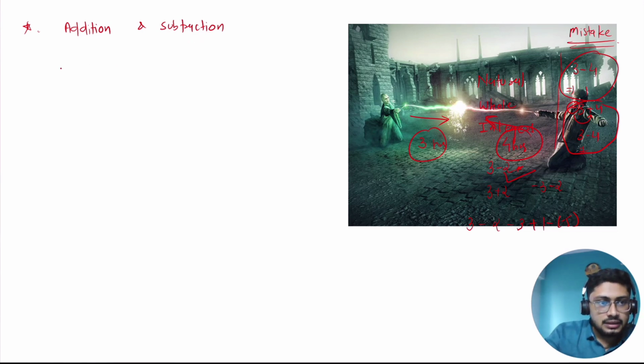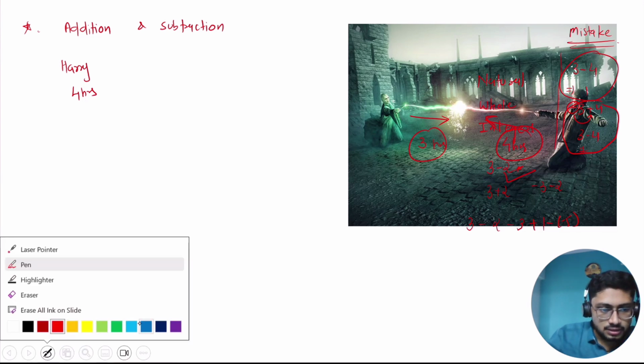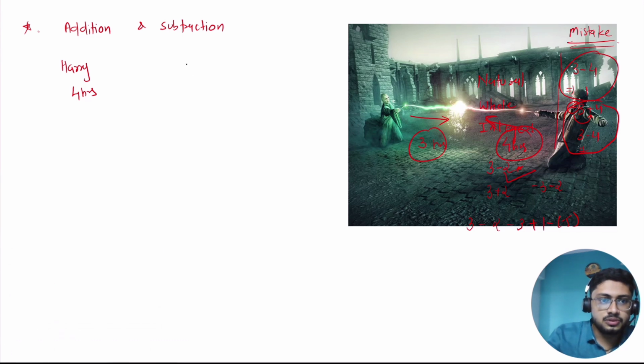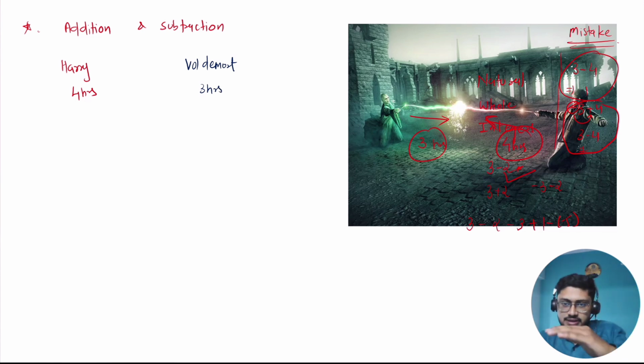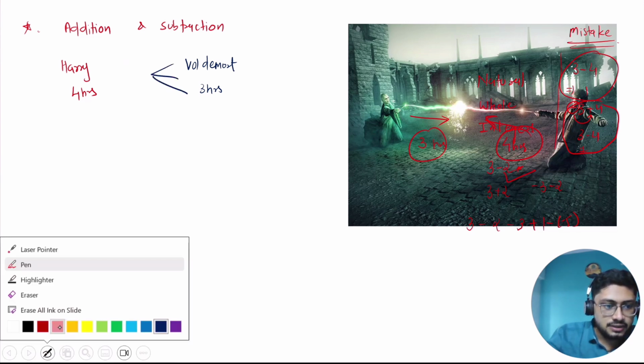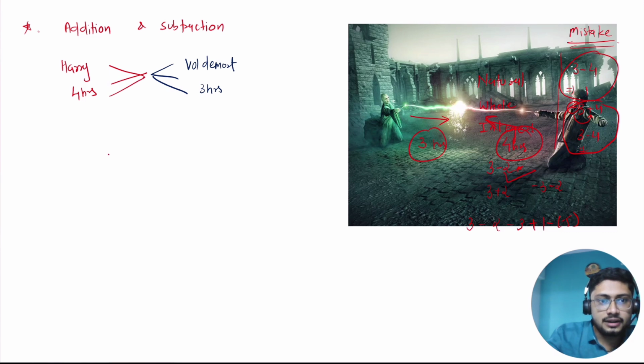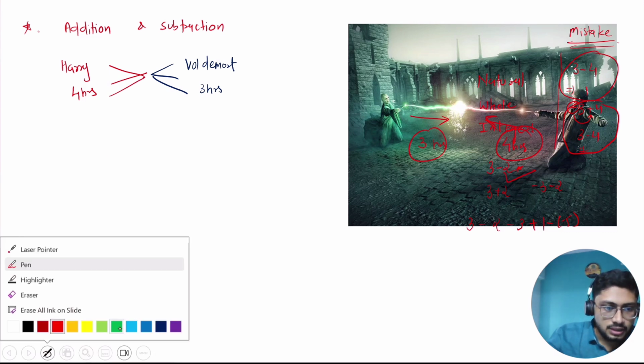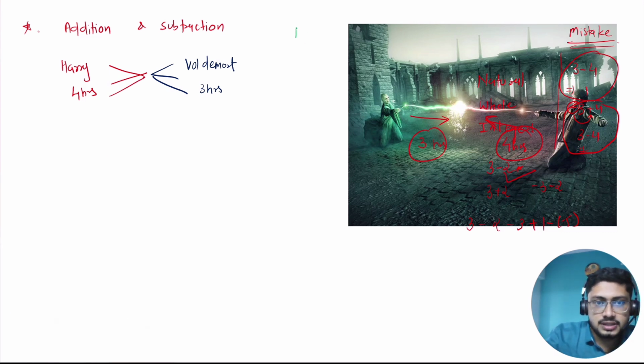Let me write Harry here with 4 hours of power, and I'm changing color, let's say dark blue, with Voldemort with 3 hours of power. Now, one is positive, one is negative; that's why they are fighting, otherwise who would fight? So Voldemort has 3 hours and Harry Potter has 4 hours. You are all aware who is going to win. Let me use one more color for the result.